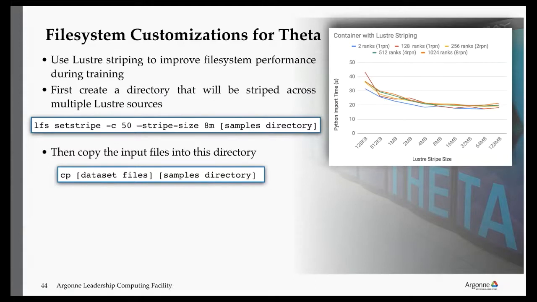The default for our system is a Lustre striping count of 4 or 5, I think it is, and I think the default stripe size is 8 megabytes. But if you've got these bigger containers and you're going to be running large scale jobs, so thousands of ranks, I would recommend setting the stripe to something like 50.